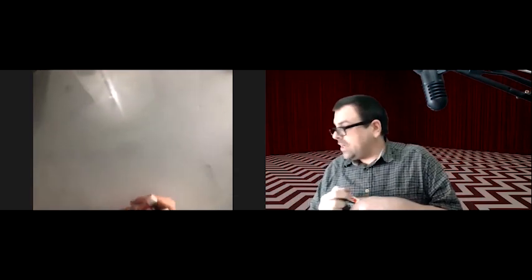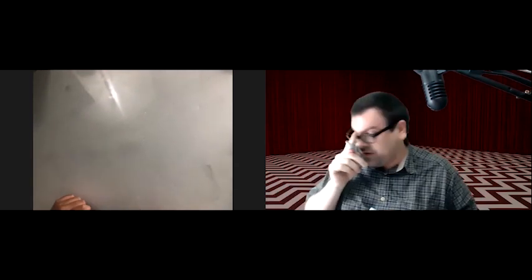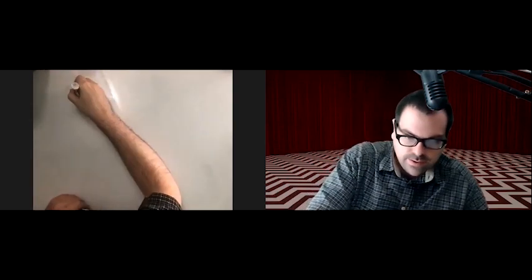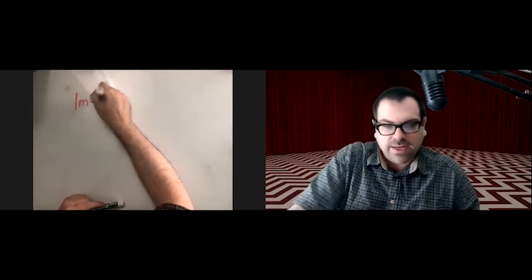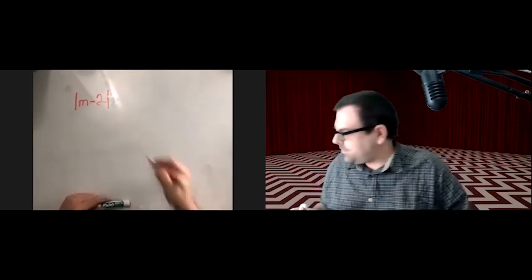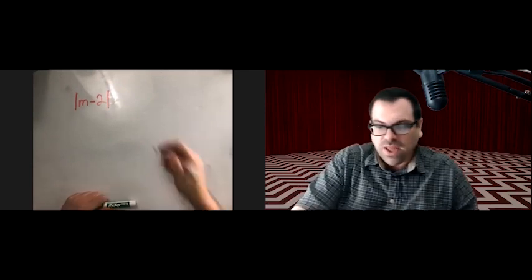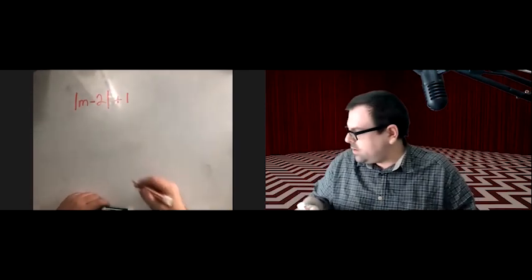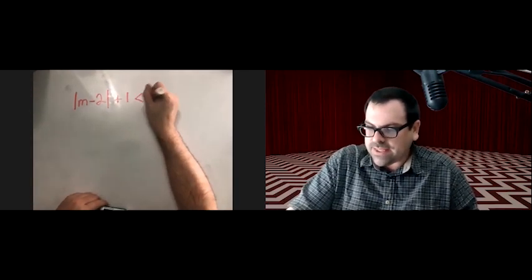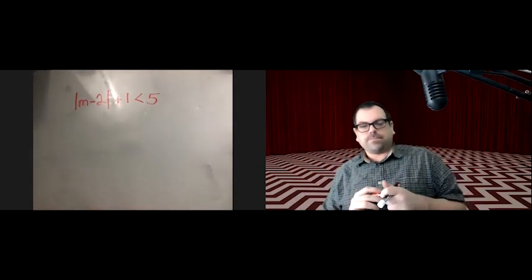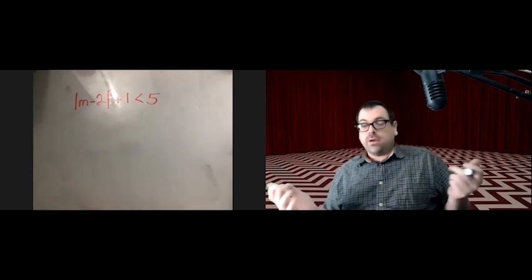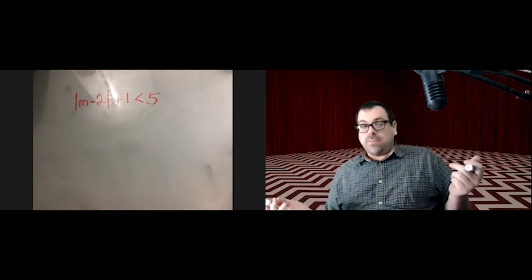Let's look at a problem, and let's apply our method for absolute value less than. Absolute value of m minus 2, plus 1, is less than 5. Can we use our method yet?